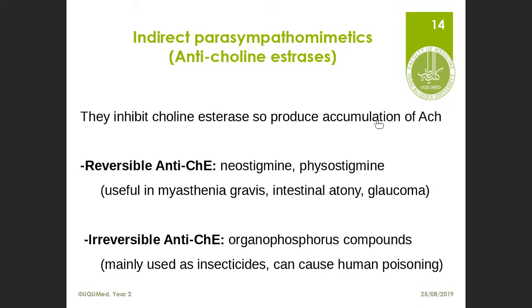But these drugs bind to that enzyme, cholinesterase, and ultimately there will be more accumulation of acetylcholine in the synaptic cleft to bind with the receptors and produce the therapeutic, biological, or pharmacological effects.